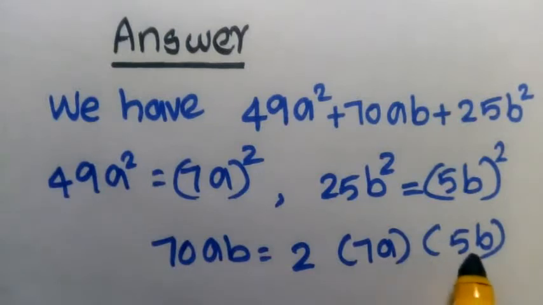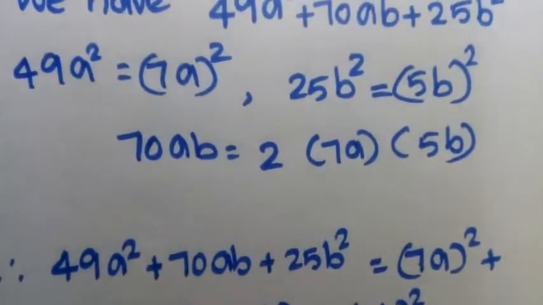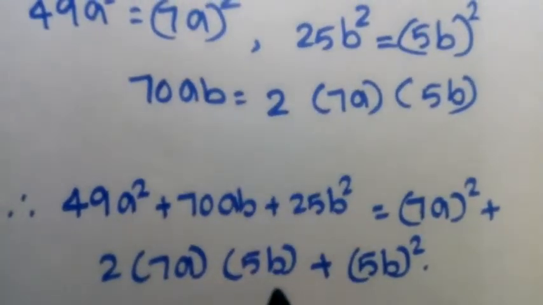Because 7a into 5b is 35ab, 35ab into 2 is 70ab. Therefore, 49a square plus 70ab plus 25b square is equal to 7a whole square plus 2 into 7a into 5b plus 5b the whole square.